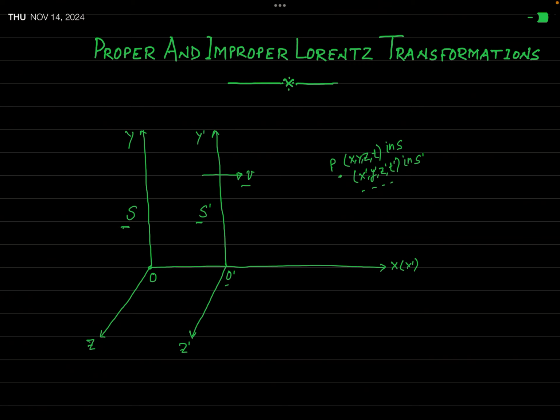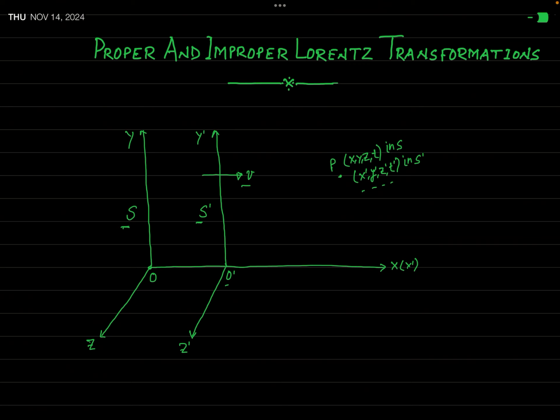In fact, these transformation equations you have learnt have been obtained on the basis of the second postulate of special relativity. According to the second postulate, the speed of light or any electromagnetic wave in free space is an invariant, an absolute constant, having the value 3 times 10 to the power 8 meters per second.